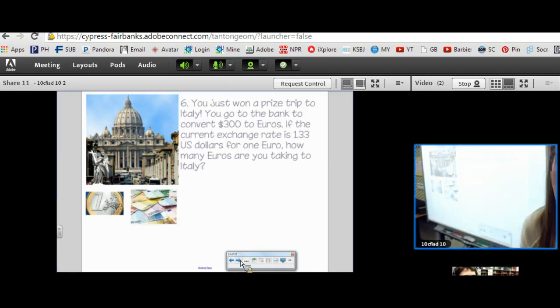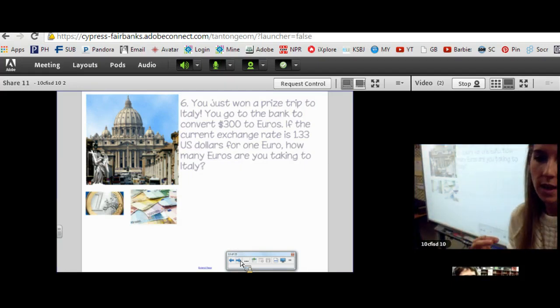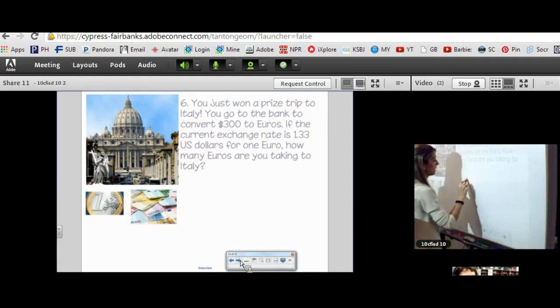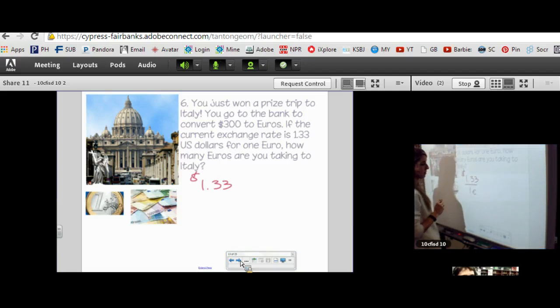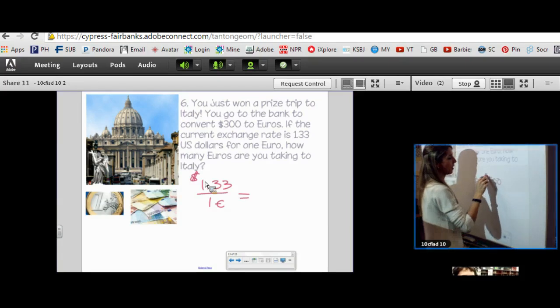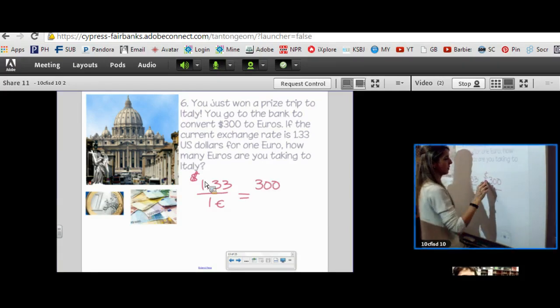So you could say it's 1.33 US dollars for 1 euro. So you could say 1.33 dollars for 1, is that the symbol for euro? I actually don't remember. So dollars is to euros as dollars is to euros.